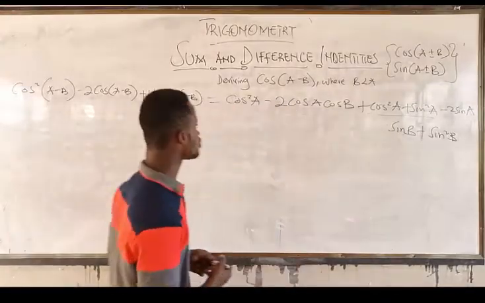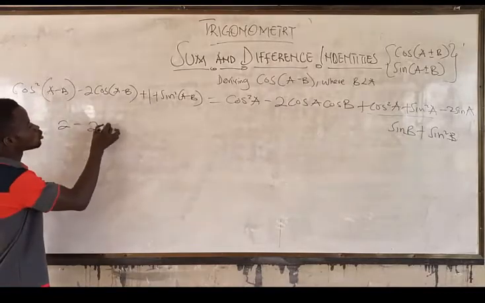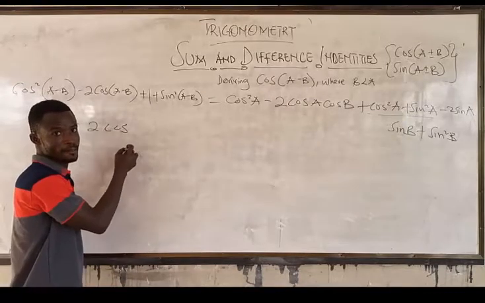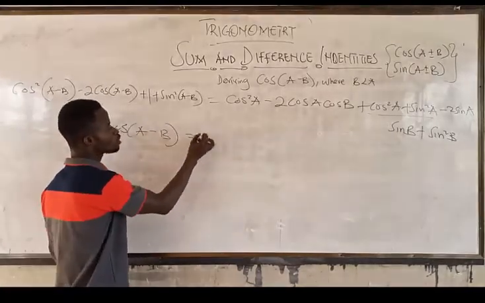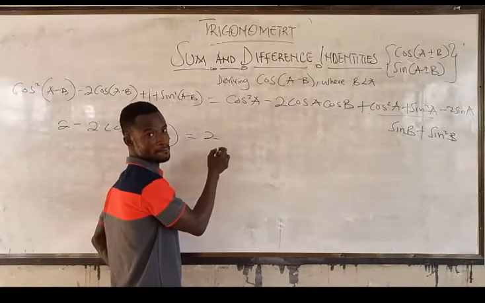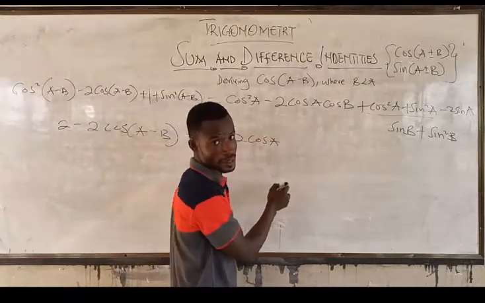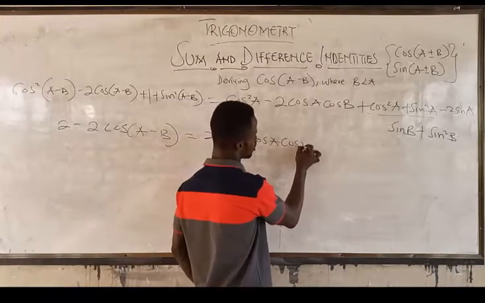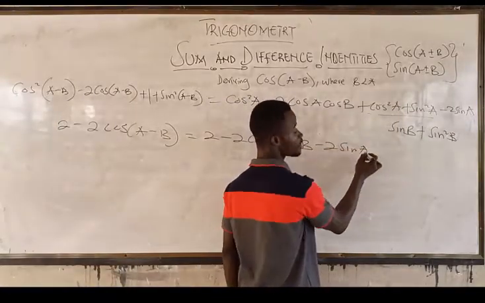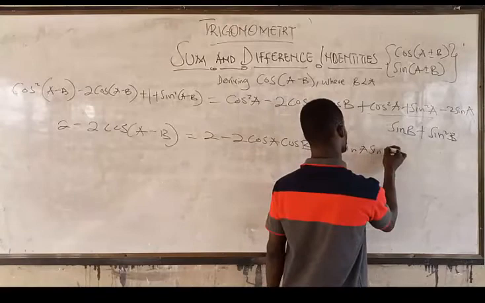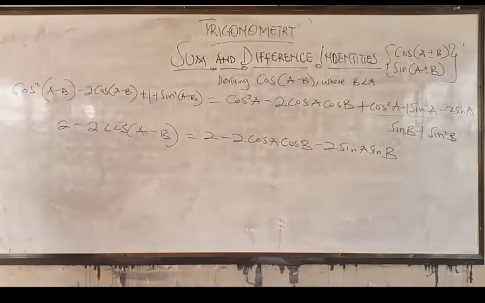Alright. So we can now write to get 2 minus 2 cos A minus B to be equal to 2 minus 2 cos A cos B minus 2 sine A sine B. Very good, very good.